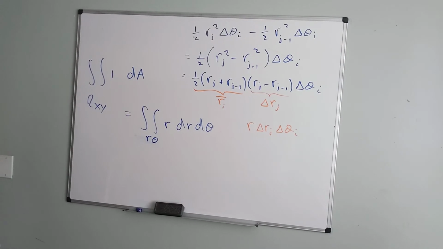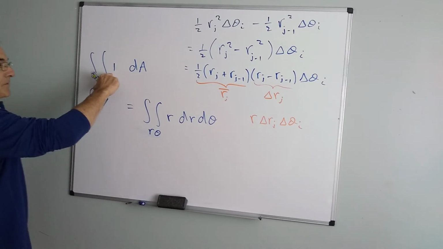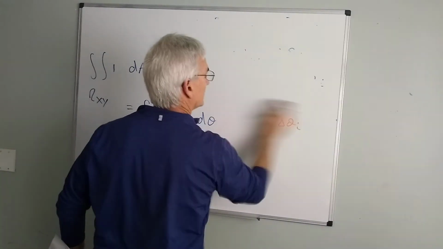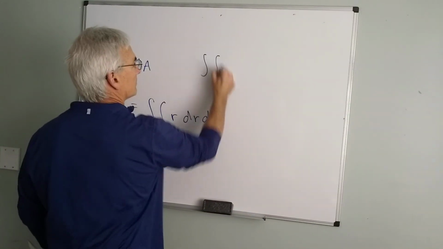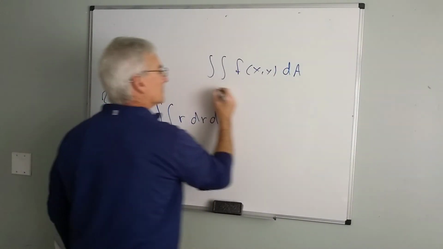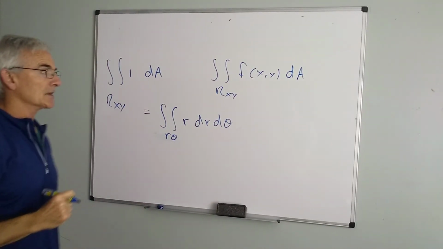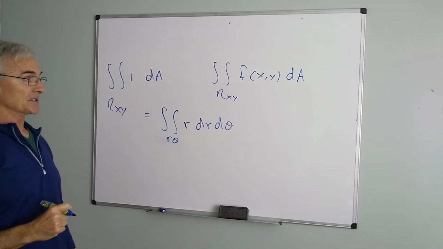Now, what if I have an actual integrand? What if we want to find a volume? So this f of x, or f of xy I should say, now remember, this notation means you're going to set it up as to whatever's the most convenient, integrating dy dx or dx dy.